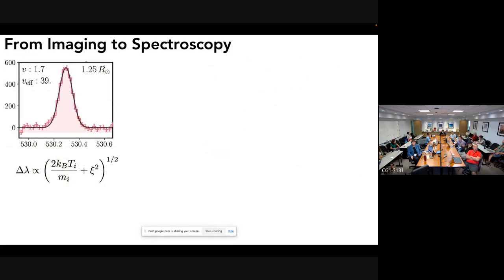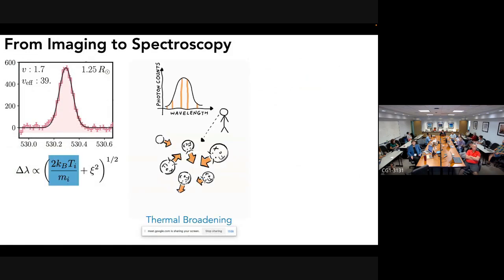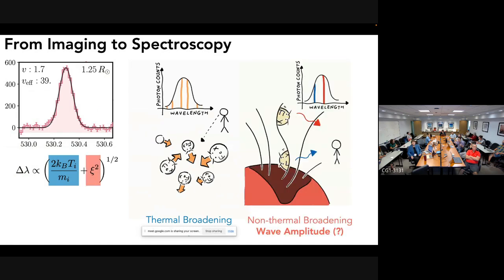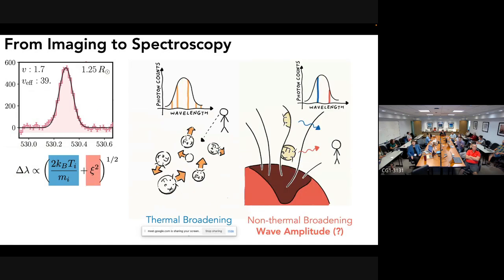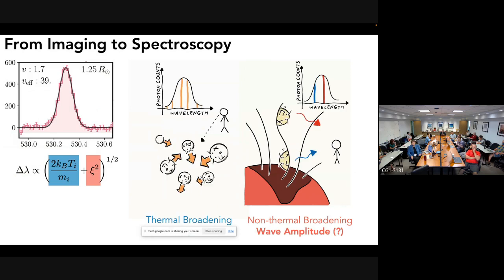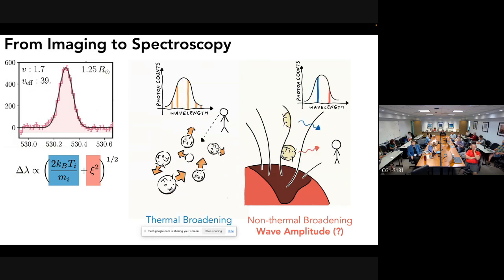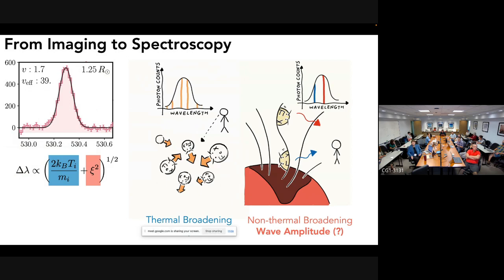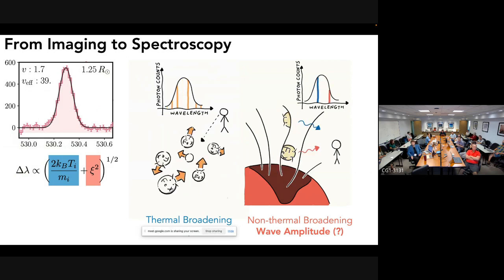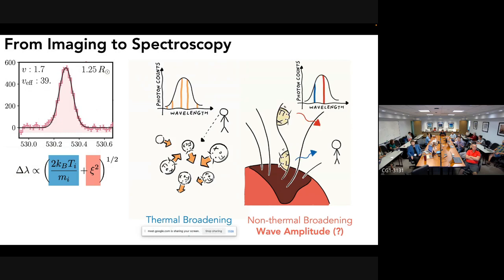So, a little bit more about the line broadening. I think most people are familiar with this, so I will just skip. Basically, we have two terms. One is what we call the thermal broadening, which is related to the thermal motions of the particles in the hot solar corona. And we have another ad hoc term, I would say, the non-thermal broadening, which is everything beyond the thermal broadening.